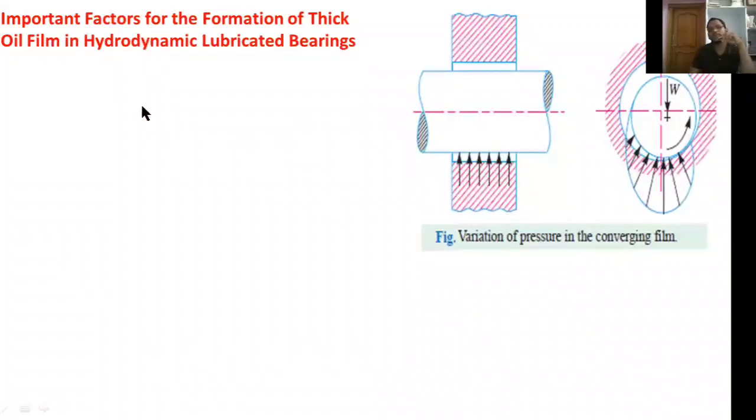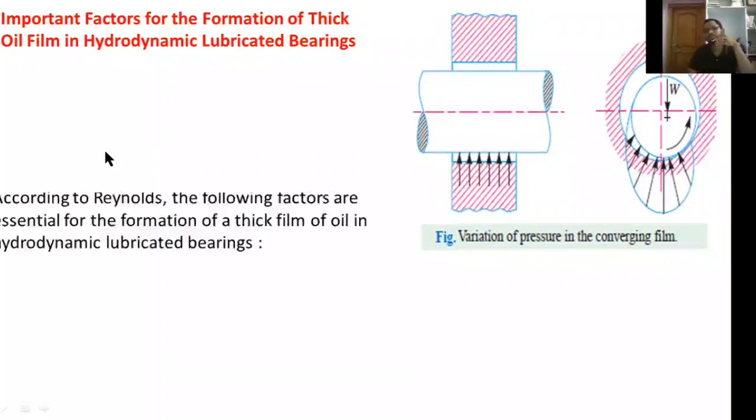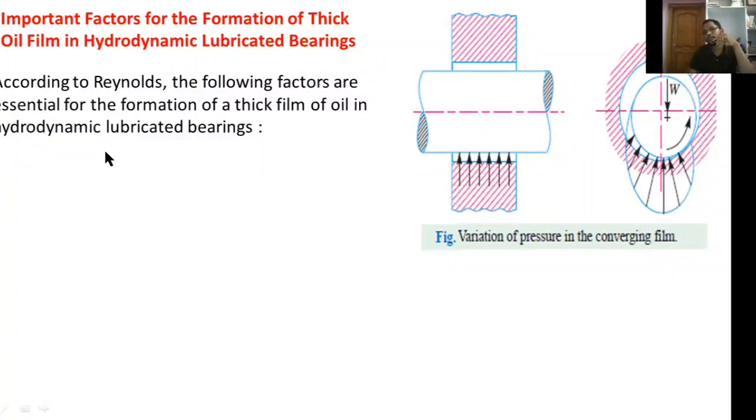Now what are the important factors for the formation of thick oil film in hydrodynamic lubricated bearings? According to Reynolds, the following factors are essential for the formation of a thick film of oil in hydrodynamic lubricated bearings.